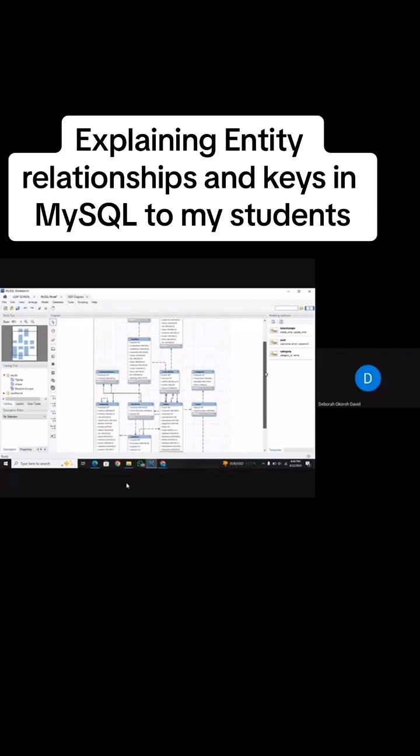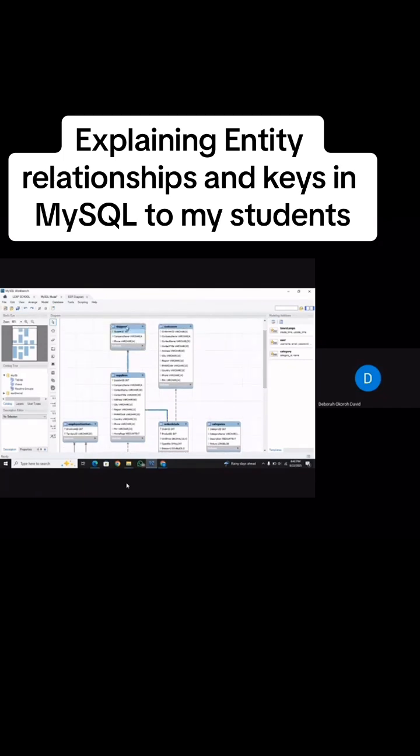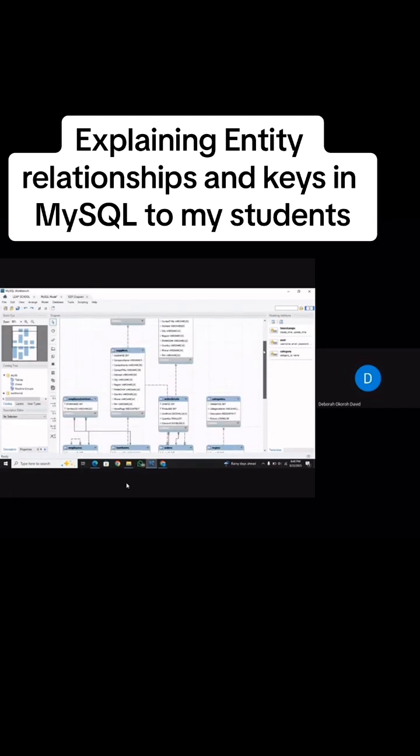So let me make this a bit bold. You see that this has a double, should I say, equal to sign on top of the dotted line. This equal to sign simply means a one relationship. So the relationship between the shippers and the orders table is a one-to-many relationship.